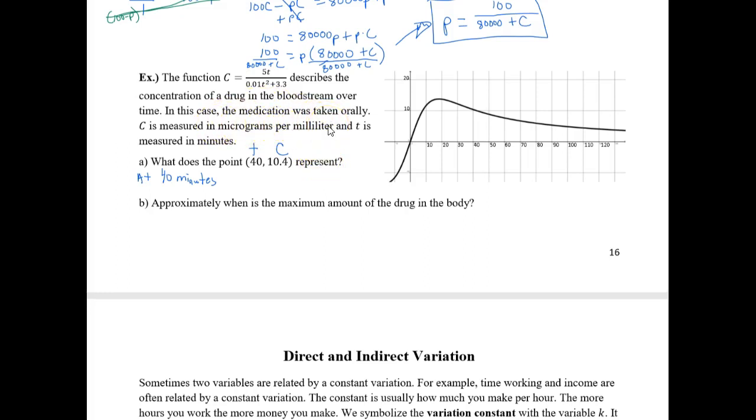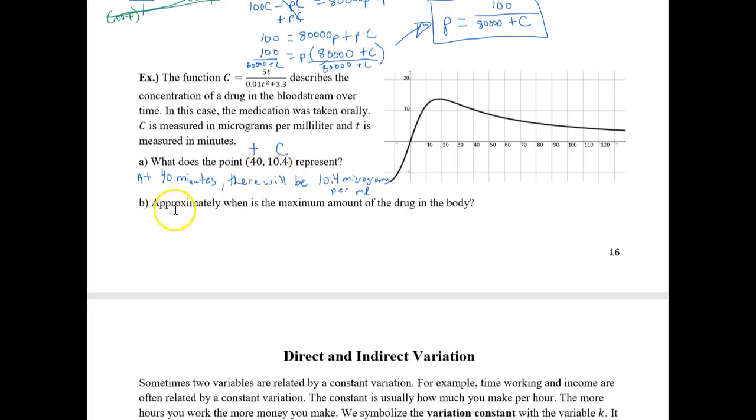So that says at 40 minutes, there will be 10.4 micrograms per milliliter in the bloodstream. So that's what that point means. So just breaking down what's the input, what's the output. The first part of our coordinate is the input, the second is our output.